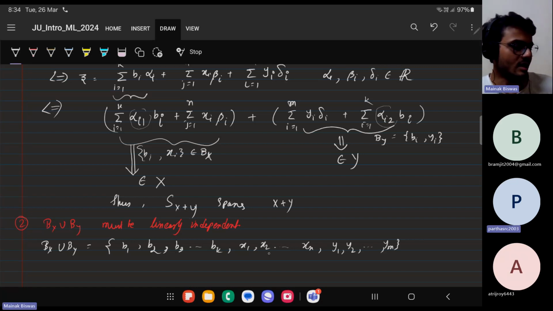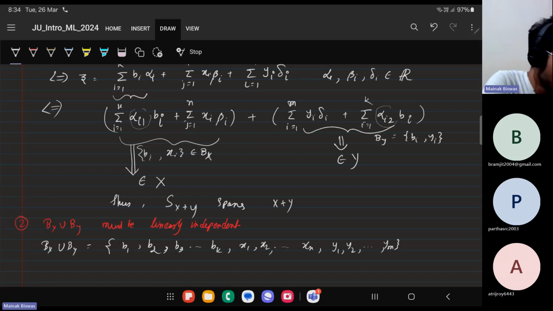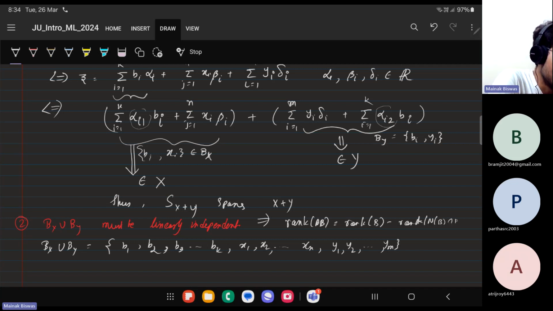Before we continue, there is another thing that I have proved in my other course: rank of AB is equal to rank of B minus the rank of the null space of A intersection the column space of B. Please go back and see what these spaces are.